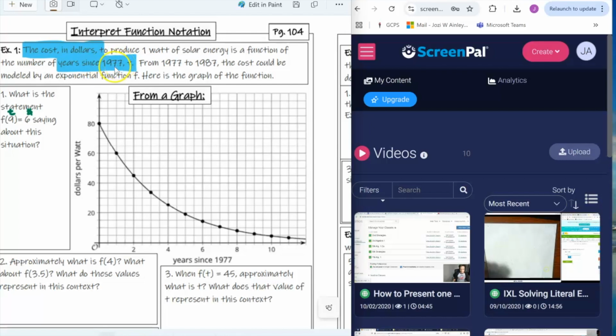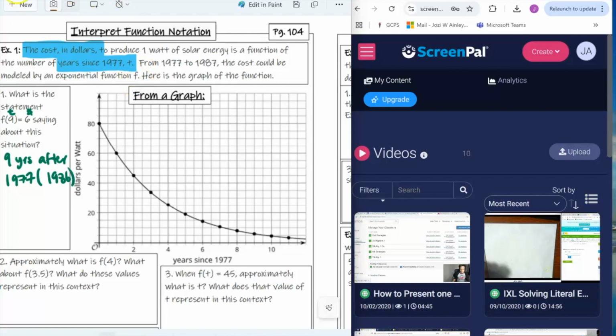So there are two ways we can say this. 9 years after 1977, or you can actually say 9 years after, which is 1986. So let's go ahead and write that. So 9 years after 1977, what's 9 years going to be? 1986.